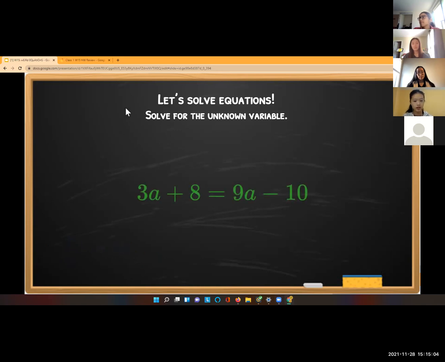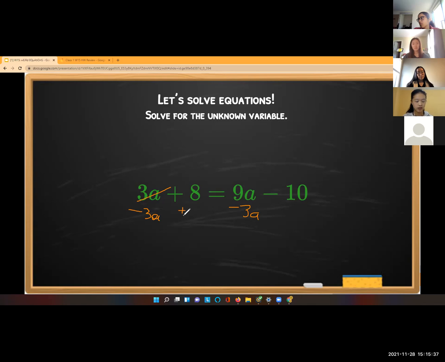Okay, this one is a little bit more complex. 3a plus 8 equals 9a minus 10. What is the value of a? You guys are all right. For this equation, we would subtract 3a from both sides first, and then we would also add 10 to both sides.